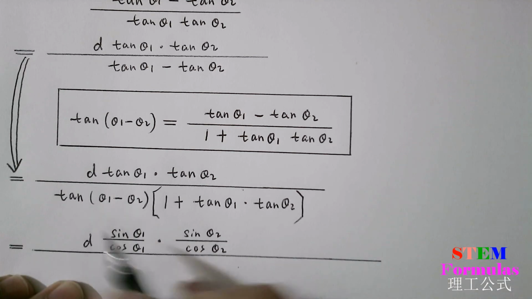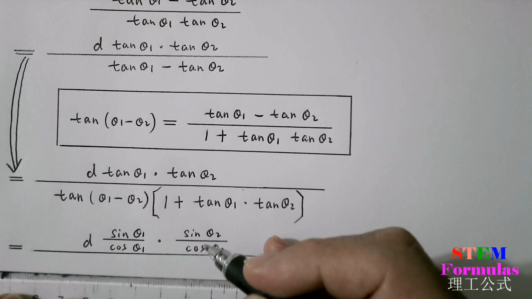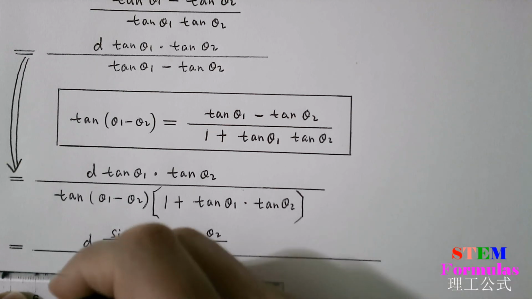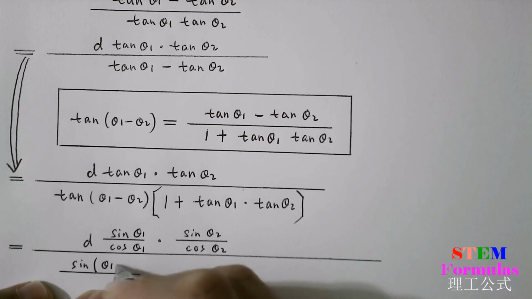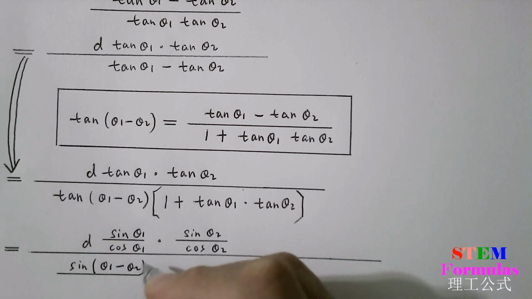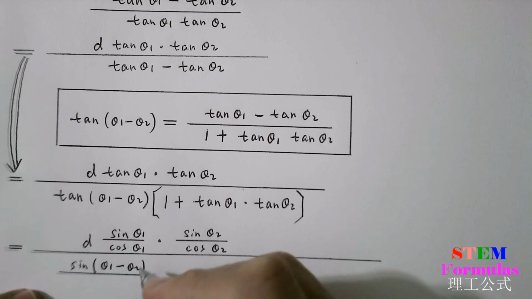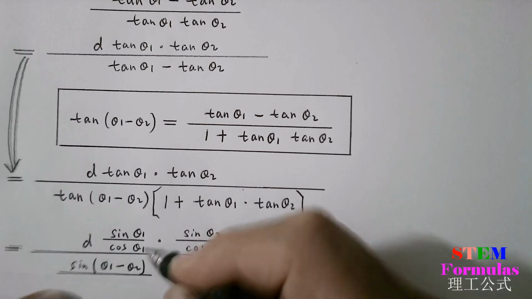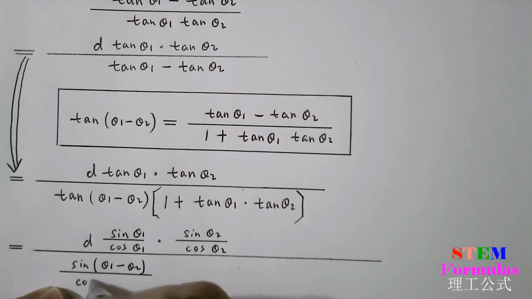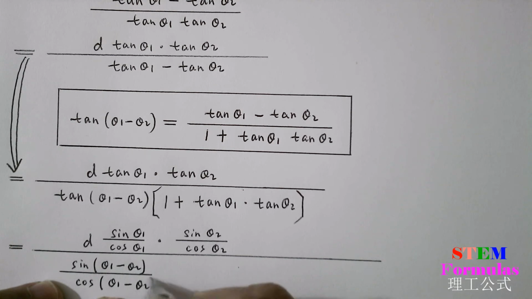On this term, it is sine (theta 1 minus theta 2) divided by cosine (theta 1 minus theta 2).